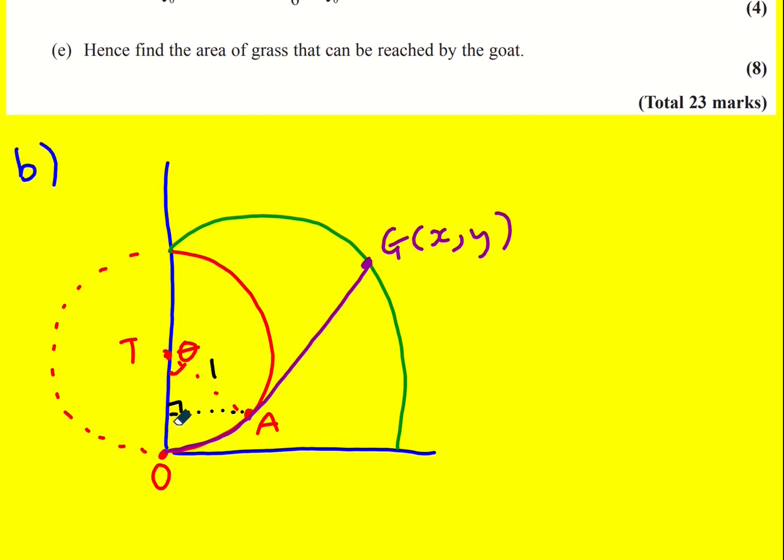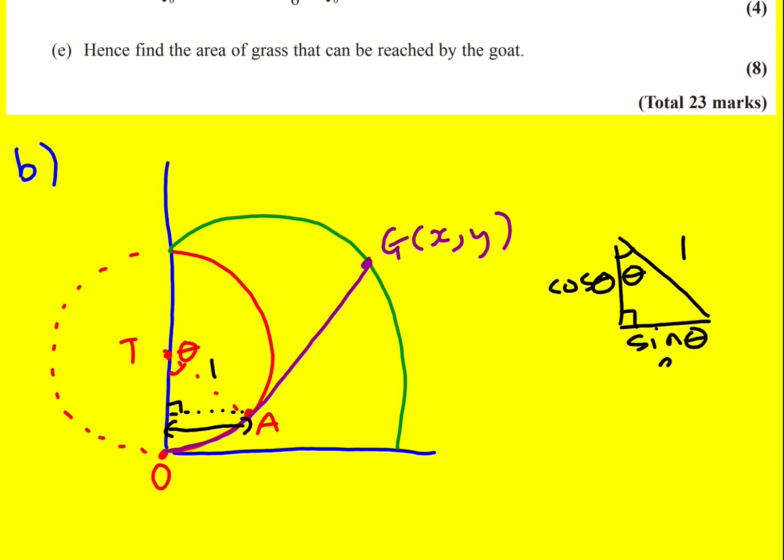And that will allow me to work out this distance here. Because if I draw it over here, then as you move this in towards the angle, you get cos theta, and the opposite is then sine theta.